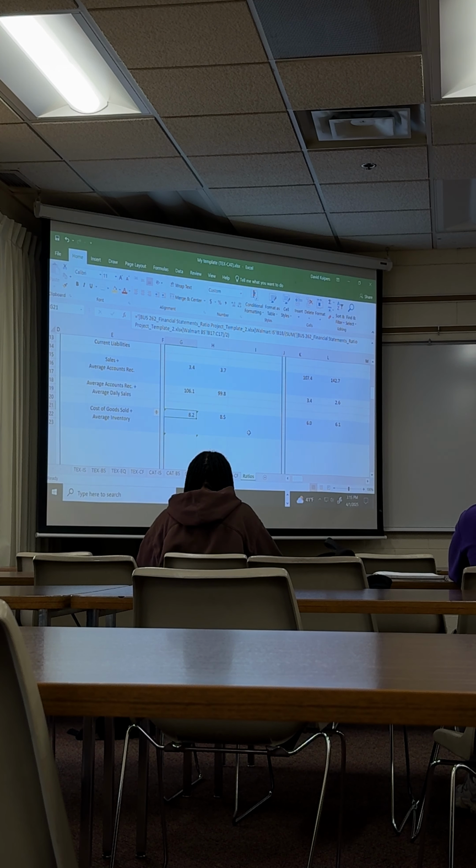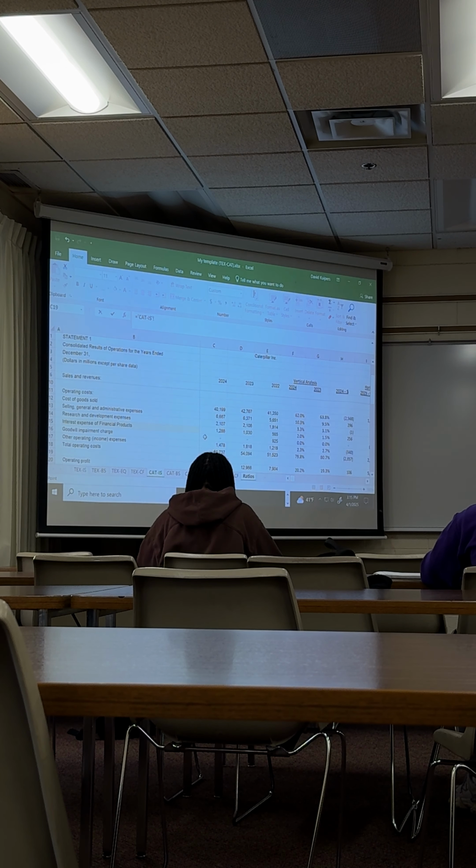Cost of goods sold divided by average inventory equals, go to the income statement, find cost of goods sold for 2024, it's right here. Divided by, well, since we're calculating an average, open a parentheses, type sum, open another parentheses.